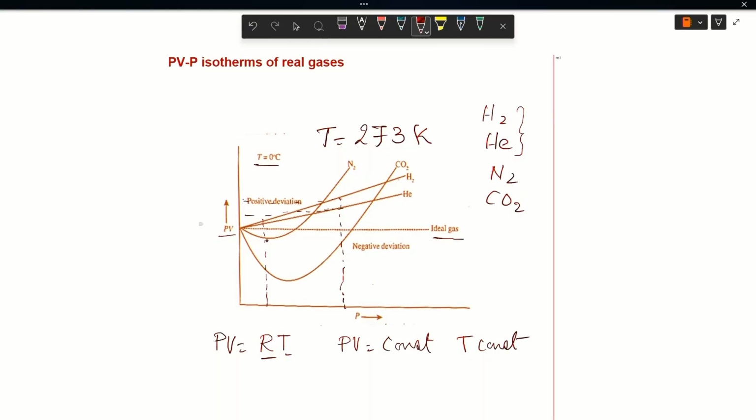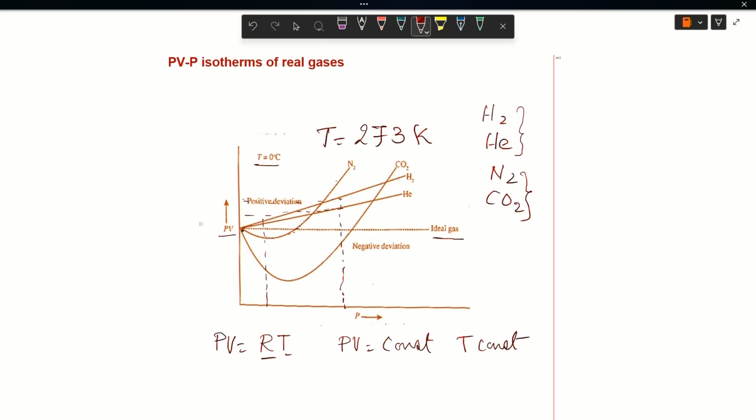Now, consider the case of nitrogen and carbon dioxide. These two are a different type. You can see for nitrogen, as pressure increases, at first it keeps on decreasing. See, there is a dip, and then it crosses the ideal gas line and keeps on increasing.